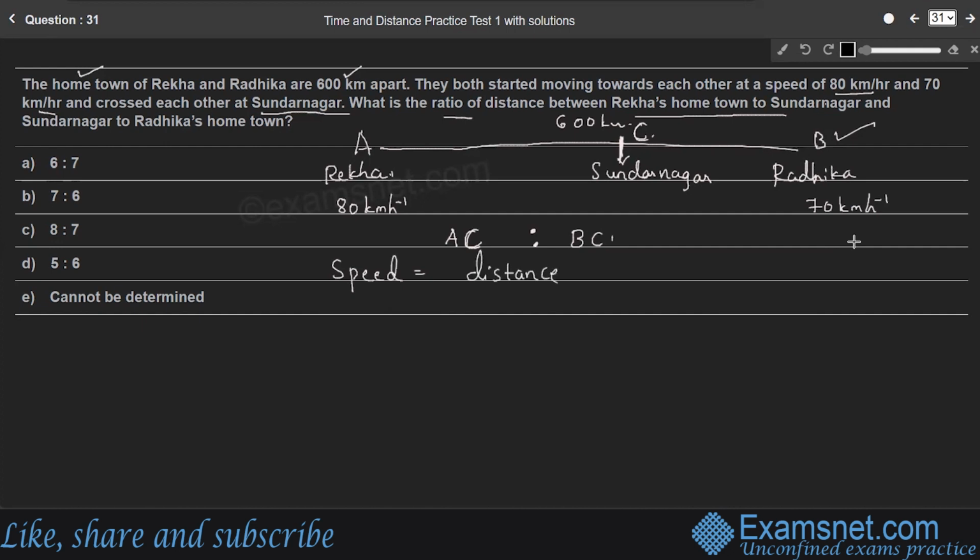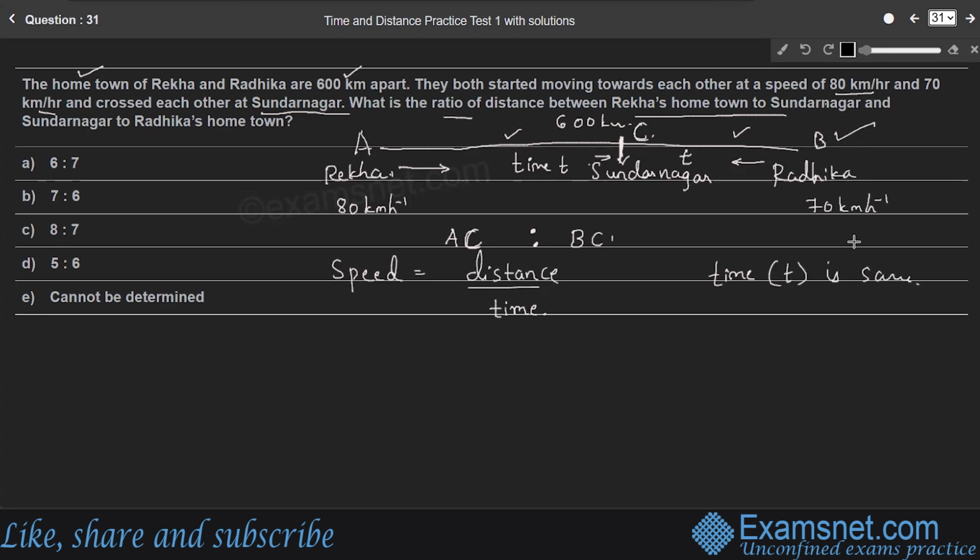Here we need the distances AC and BC. Rekha is moving with some speed and takes time T to reach Sundarnagar. At the same time, Radhika is moving with 70 km per hour speed, and she also takes the same time to reach Sundarnagar. Therefore, time is T, the same.